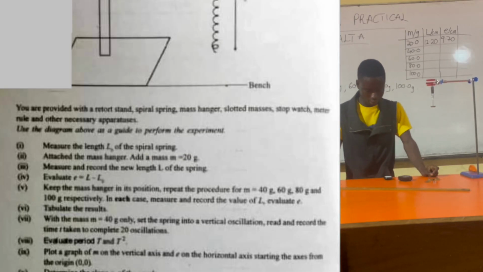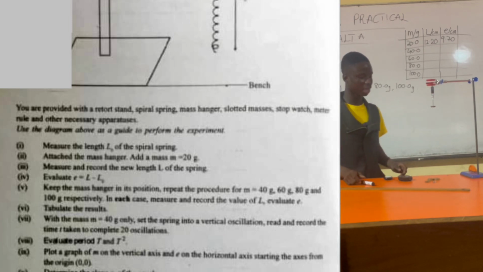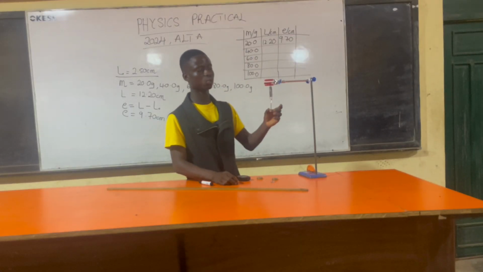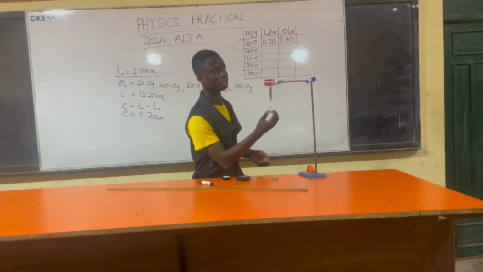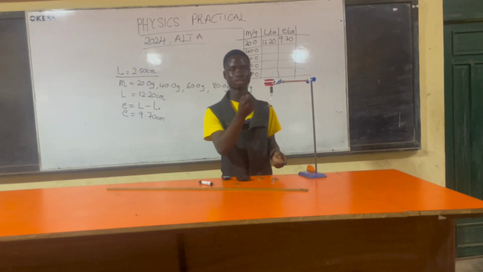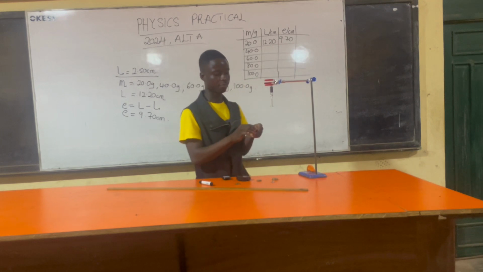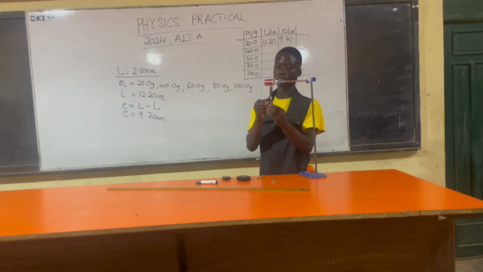Calculate your results. With the mass M of 40 grams only, set the spiral spring into vertical oscillation. So we will displace this slightly and release it for it to perform a vertical oscillation.